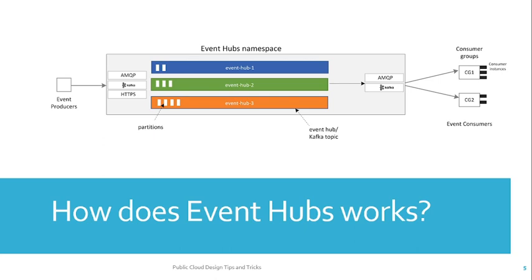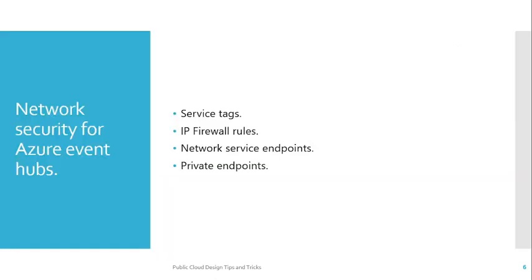So what we understood: event producers, namespace, event hub or Kafka topic, partitions, consumer applications, and consumer groups. Now, let's try to understand network security, which is one of the vital areas. You can control the network security of Azure Event Hubs. You can add service tags, IP firewall rules, network service endpoints and private endpoints.